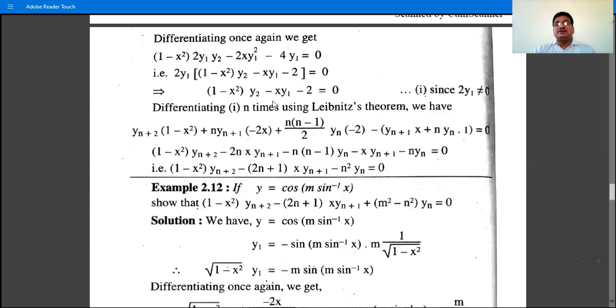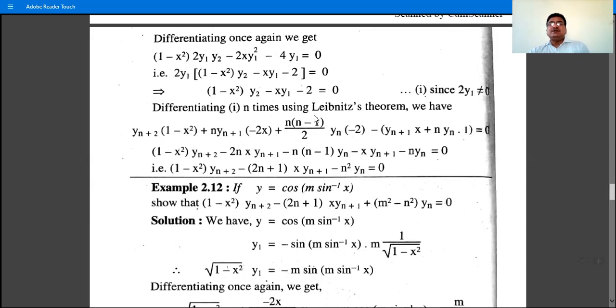So the first term is 1, the nth derivative of y1, which is y_{n+1}, into v as it is, x. Plus the next term is nC1, whose value is n. Then the derivative of y1 of order n-1, which is y_n, into the derivative of v, that is v1, and the derivative of x is 1.